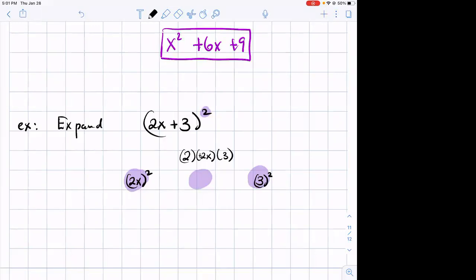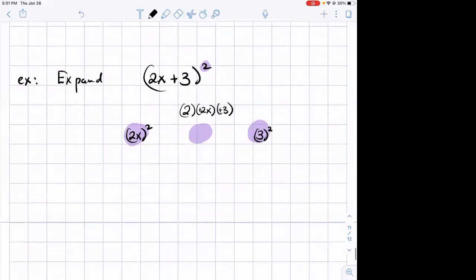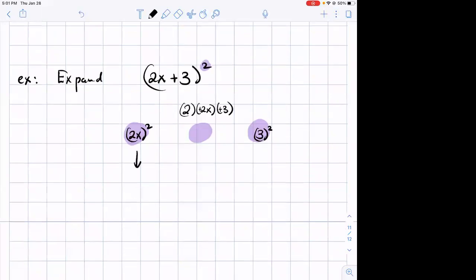And notice they're all positive. So if you square this, you get 4x squared. If you multiply these two, you get 4x times 3. This becomes plus 12x. And if you square this, it means 3 times 3. You get positive 9. So let me write this out for you here. You get 2x times 2x.